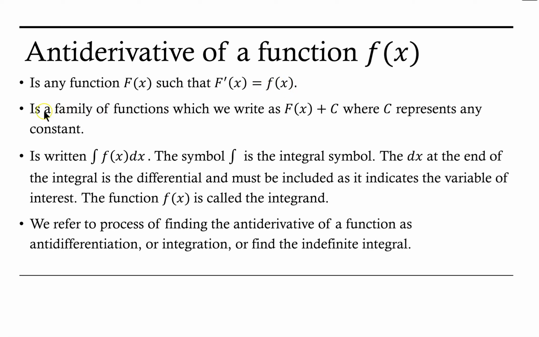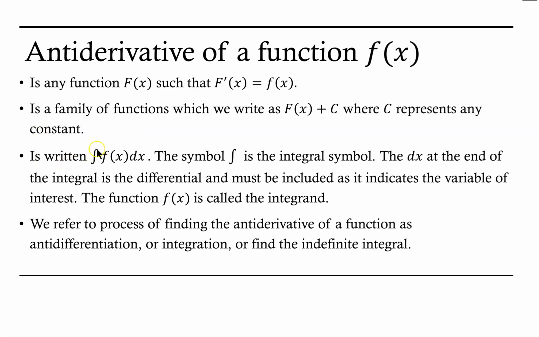We'll see this in a moment. An antiderivative is a family of functions which we write as capital F of x plus c, where c represents any possible constant. An antiderivative of a function f of x is written with this symbol.